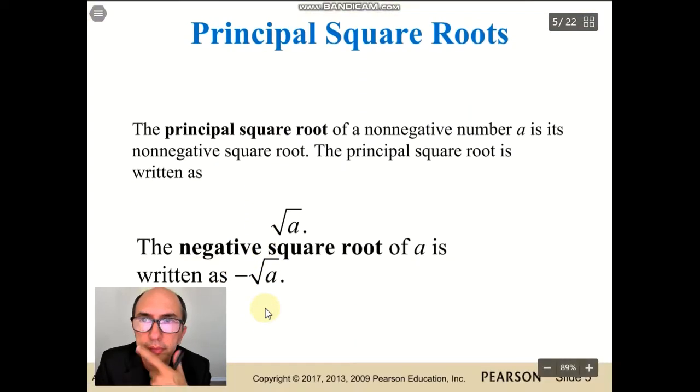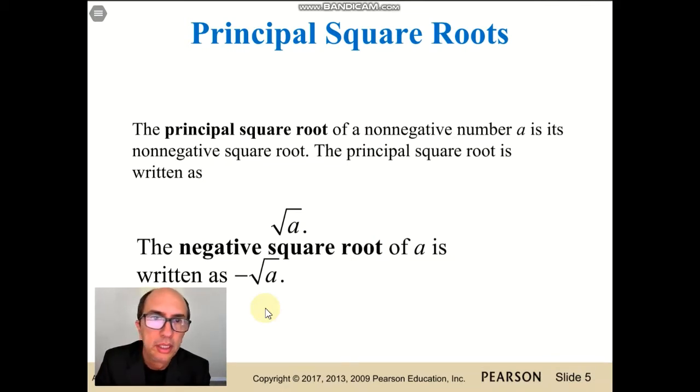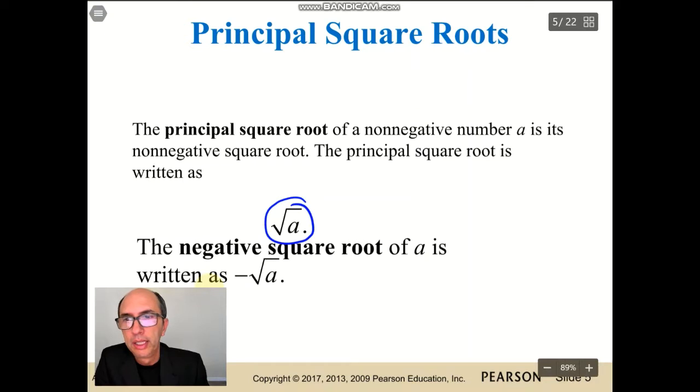The principal square root of a non-negative number a is its non-negative square root. The principal square root is written as the square root of a. The negative square root of a is written as negative square root of a, like that.